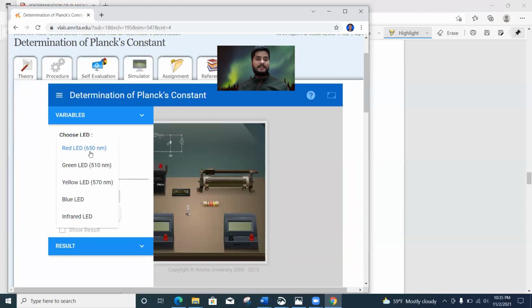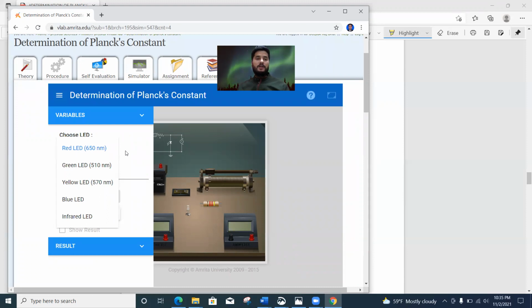Red LED has a wavelength of 650 nanometer, green has 510 nanometer, yellow has 570 nanometer, blue around 475 nanometer, and infrared has a high wavelength, around 1100 nanometer.